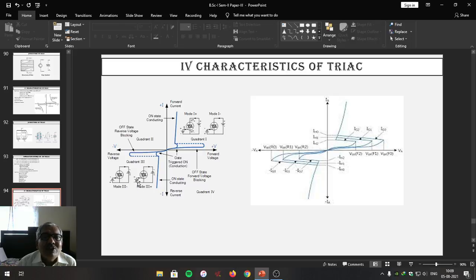In both cases, we are going to get the same characteristics in the third quadrant. Here also at the beginning, when applied voltage is 0, current is 0. Up to its breakover voltage, it doesn't conduct the current, but minority charge carriers allow some leakage current to pass through it.